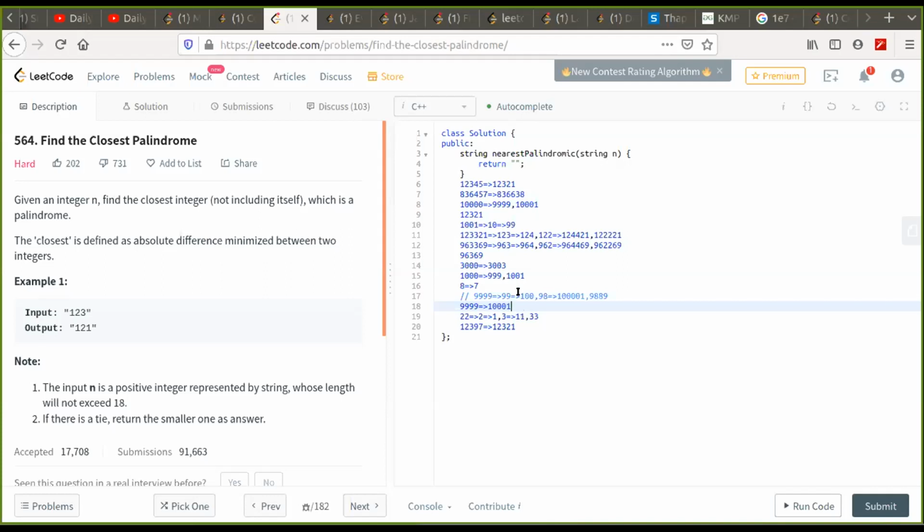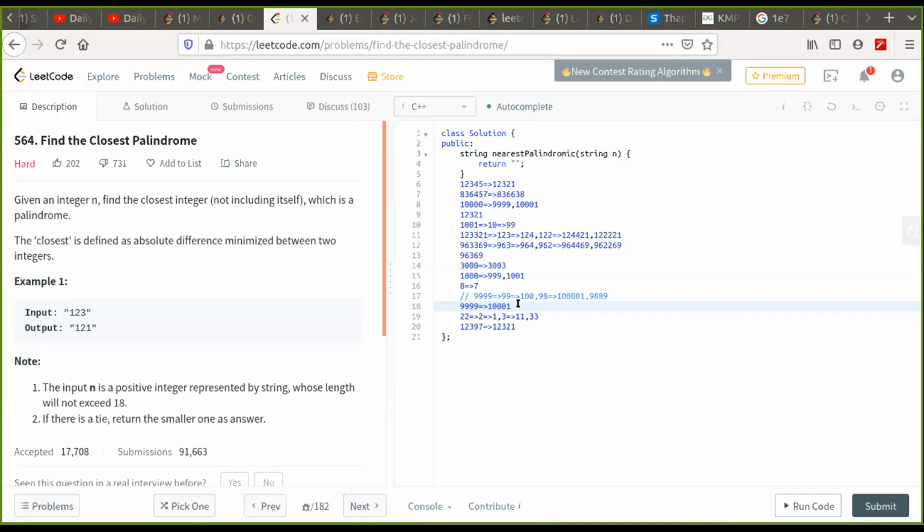So we will talk about a couple of things. You have a number of n digits. Do you agree that our palindrome could be of n plus 1 or n minus 1 digits? So let's get rid of the special cases.